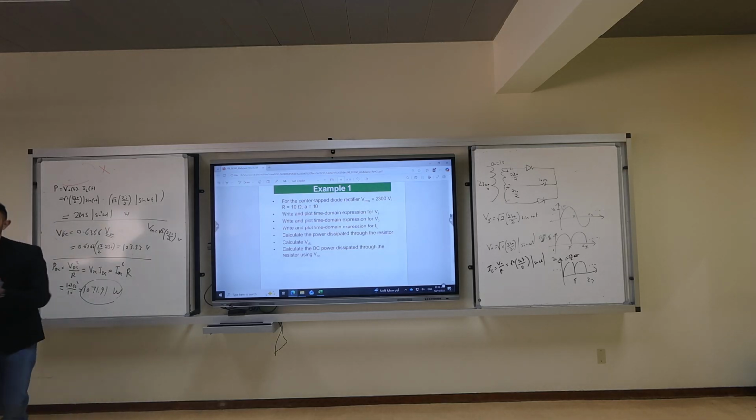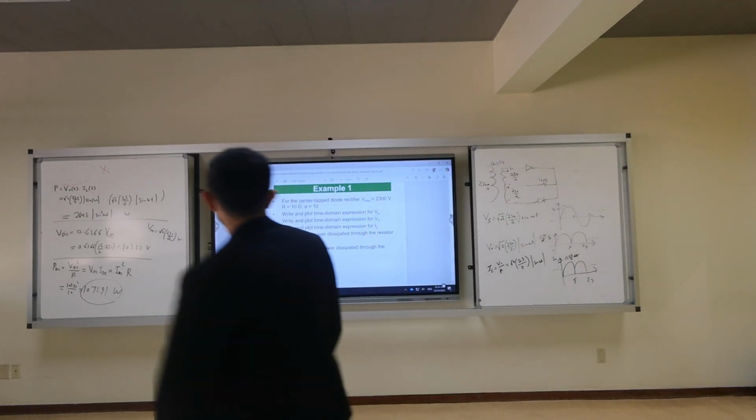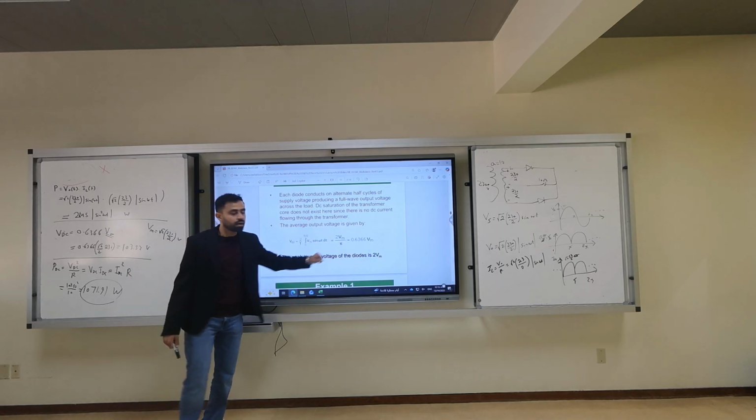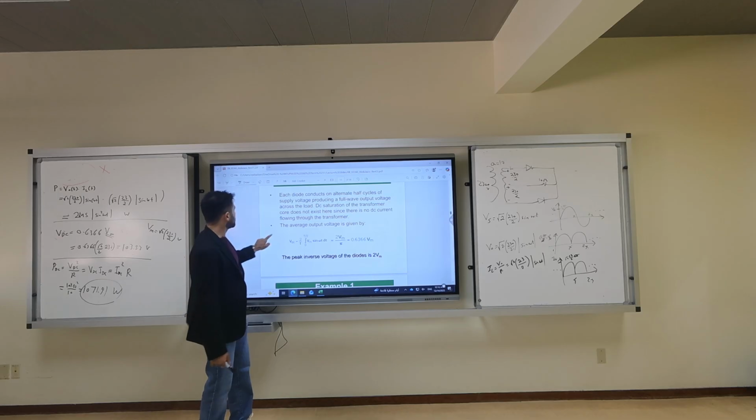Any question? Yes? How do you get 0.6366? This is from the slides. This is the integration. If you integrate 2 over T from 0 to T over 2, what is T? T is 1 over 60.